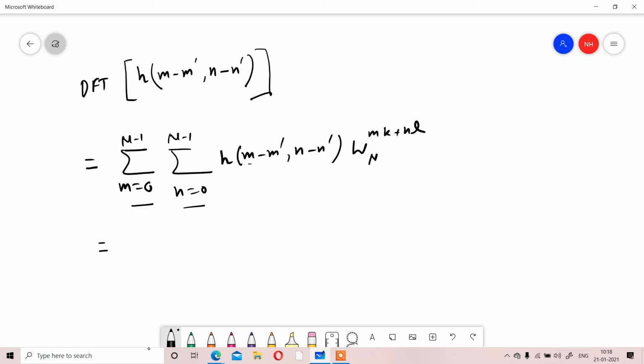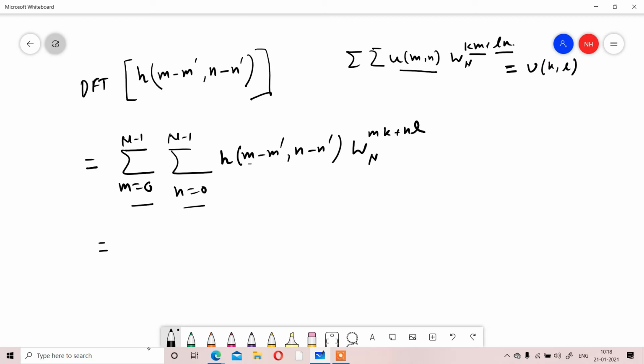The DFT format expression was like that: summation u(m,n) W_N^(km+ln). Okay, u(m,n), and that was km plus ln. Then that was your DFT expression V(k,l) that you have got.